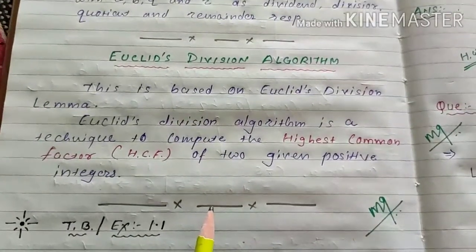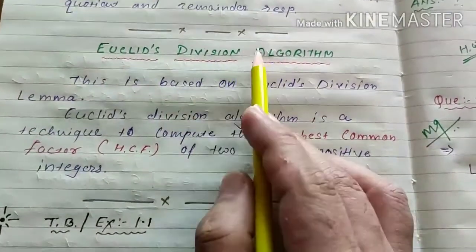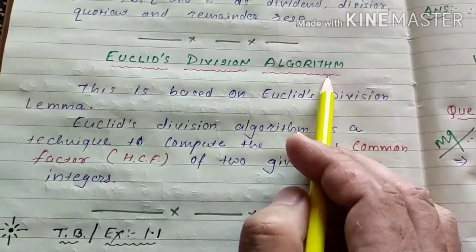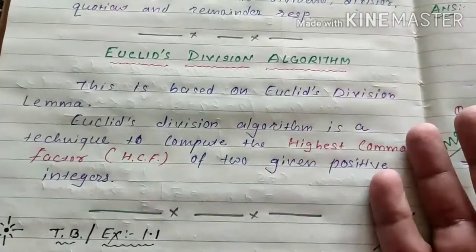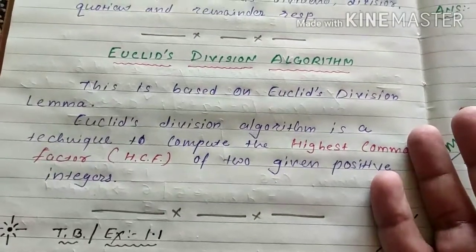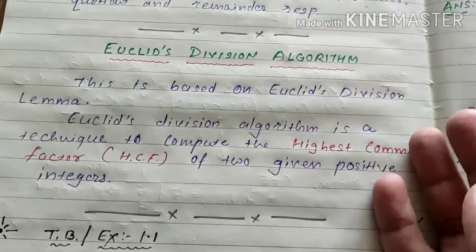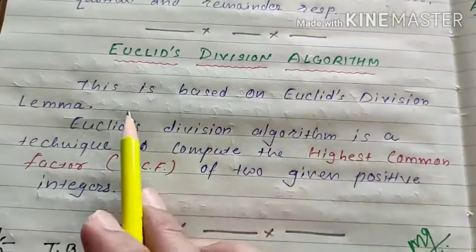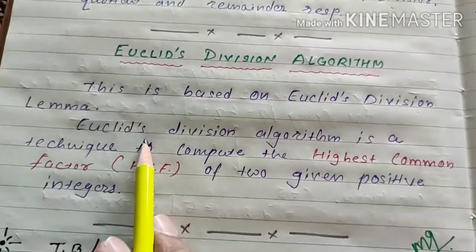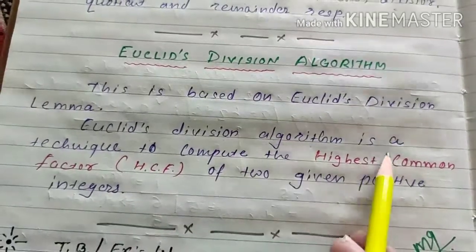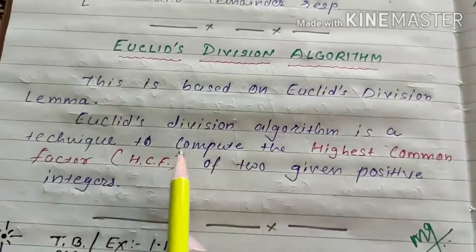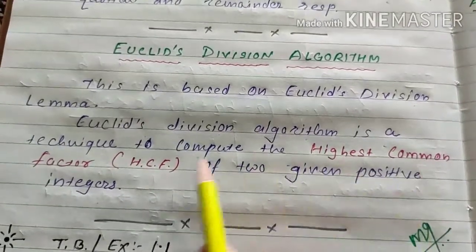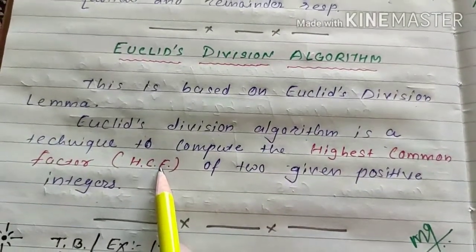Now from that, another topic is Euclid division algorithm. Euclid division algorithm is just a process to find out HCF with the use of Euclid division lemma. So this is based on Euclid division lemma. It is a technique to compute the highest common factor, that is, HCF.